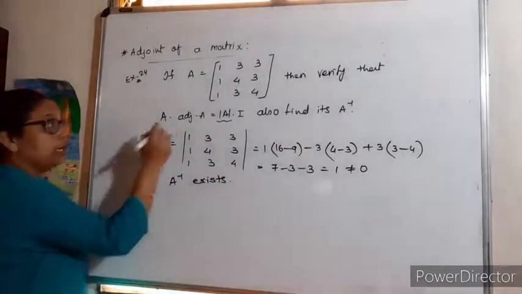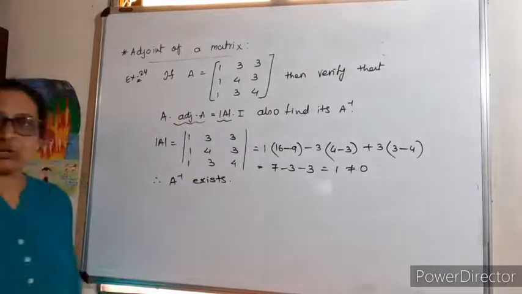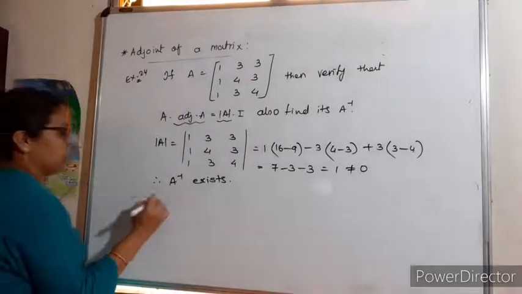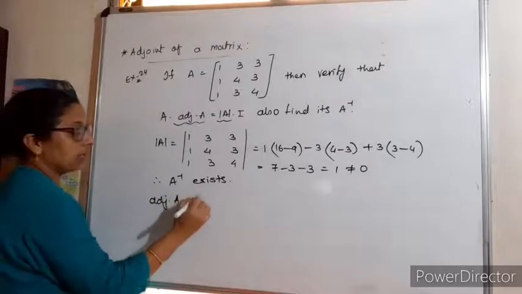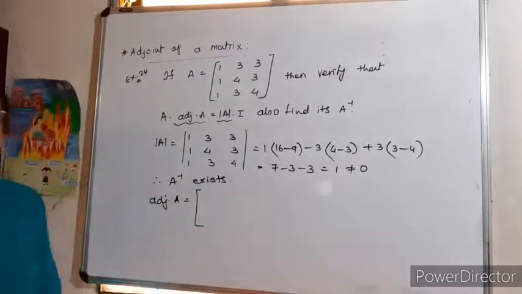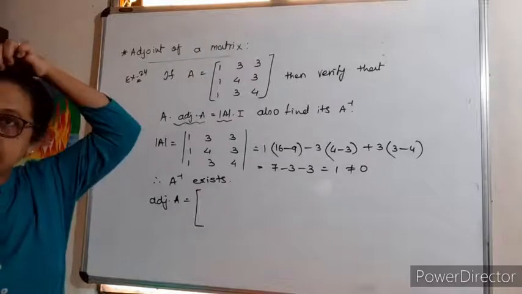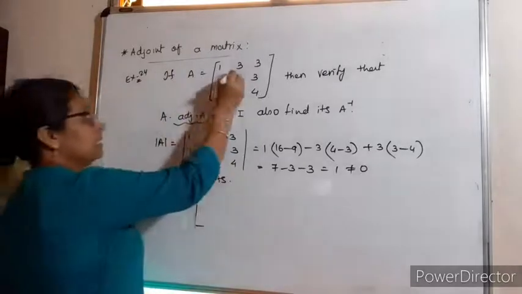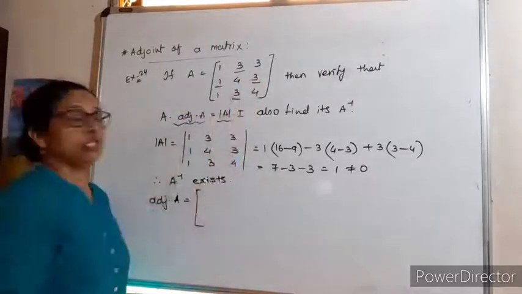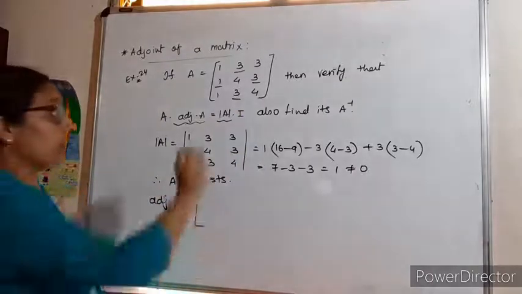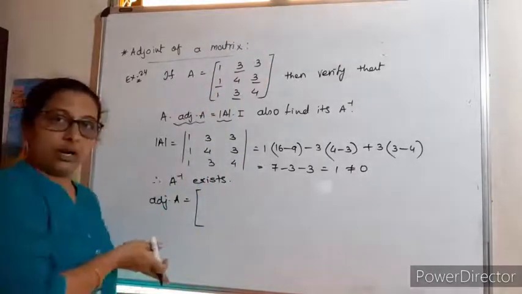Now we will find the adjoint of A. I have taught you how to find the adjoint directly: which are the places where you have to change the sign. Go row wise, make column wise.